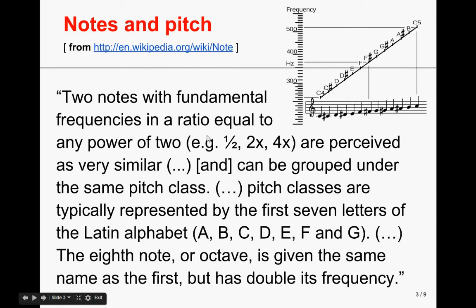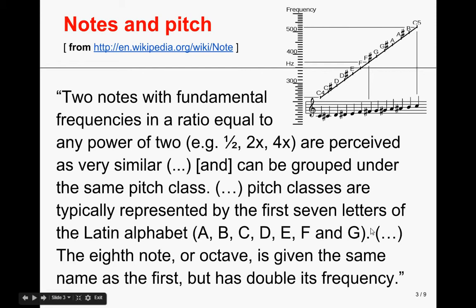Actually, two musical notes with frequencies that are either half or double or 4 times their respective frequencies are perceived as very similar musical notes, so they can be grouped together in what is called the same pitch class, which are normally represented using the first 7 letters of the alphabet.